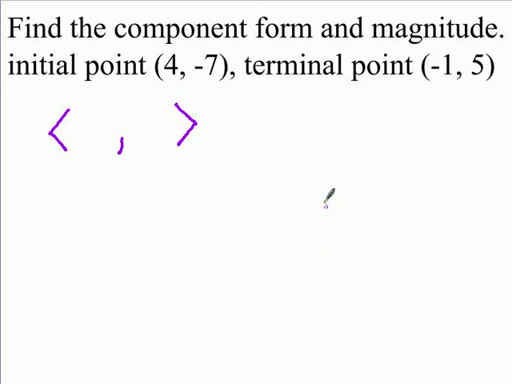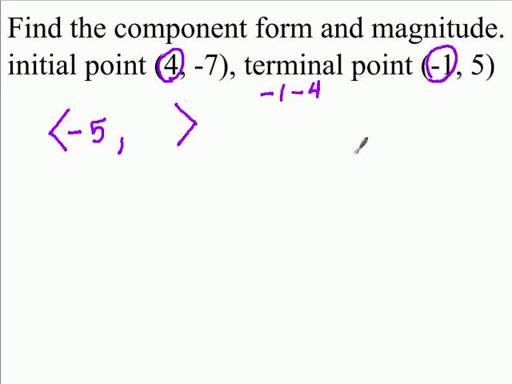So if you notice, I go from 4 to -1. So going from 4 to -1, I've gone a -5. Another way you can find this, -1 minus 4. You always start with the terminal point and you always subtract the initial point.